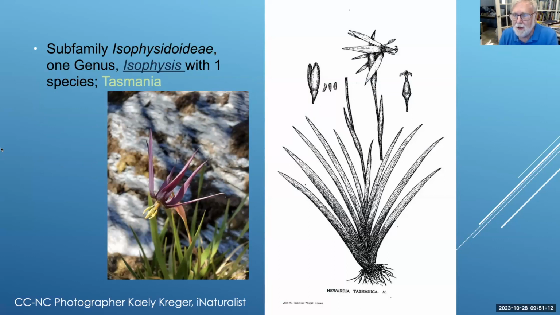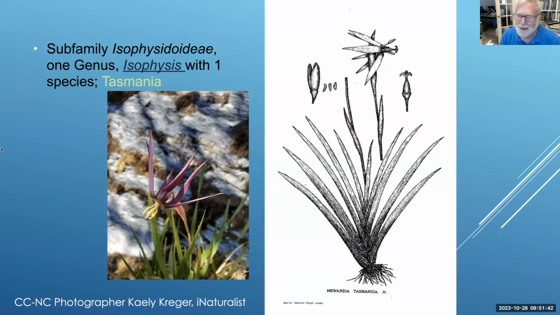This is the only iris in the family that has a superior ovary. And there's only one species. Superior ovaries were considered more primitive than the inferior ovary of the rest of the family. So this is the most primitive plant in the iris family, Isophysis.